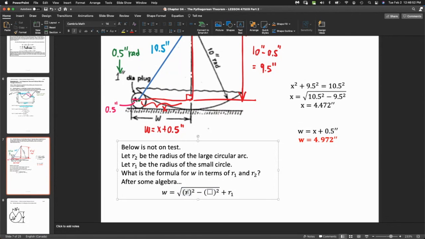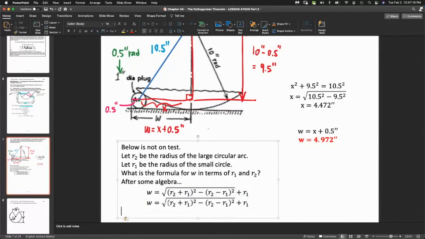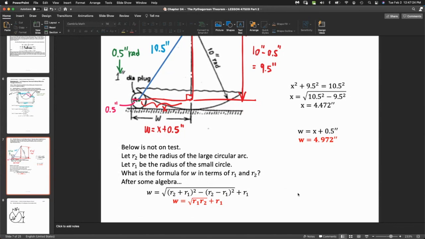So this is going to be R2 plus R1, and R2 is the big one, yeah? And then R2 minus R1. That's the formula, but that can be simplified through a lot of algebra, not too much algebra. That's the formula, people. That's very good work, Maha. Very good work. So that's the answer.